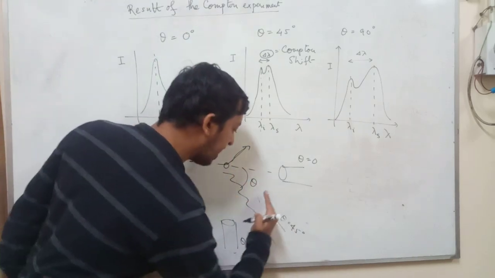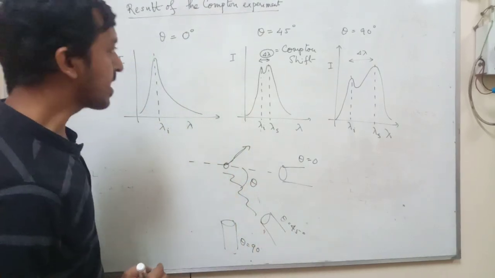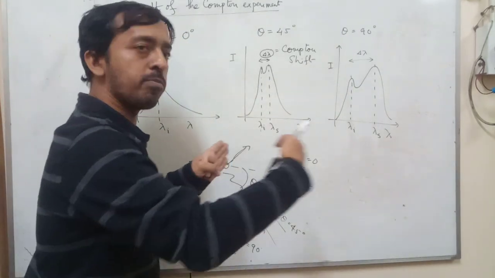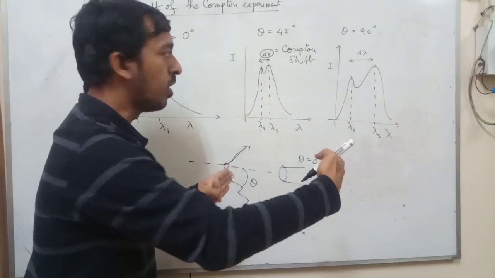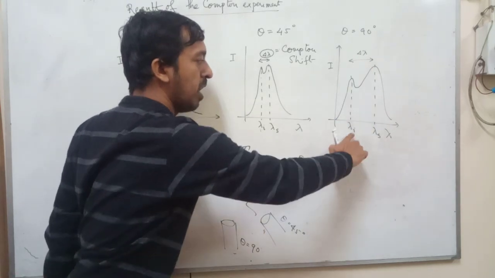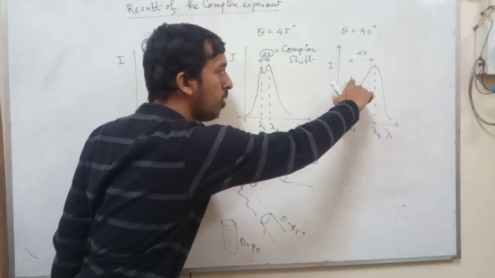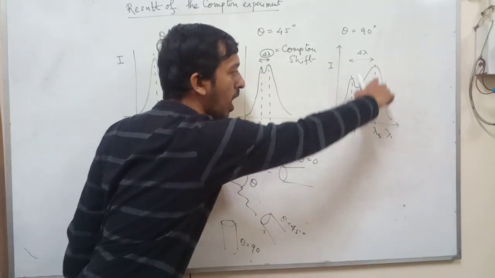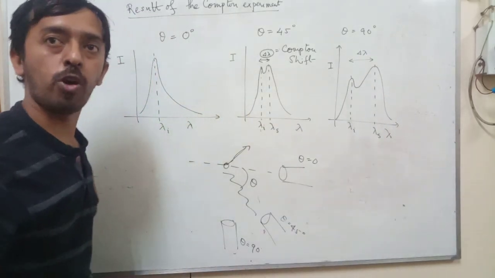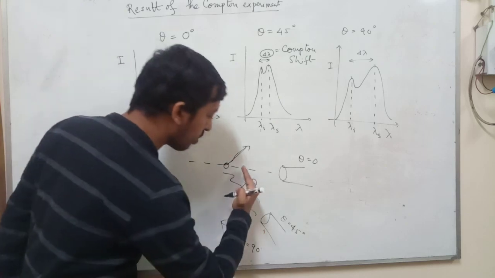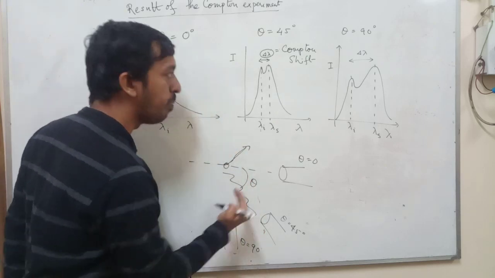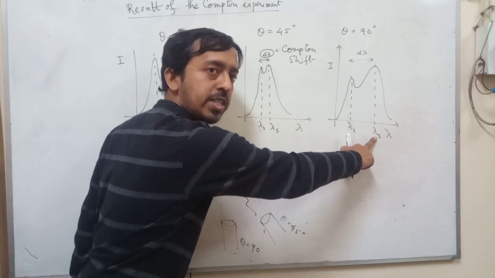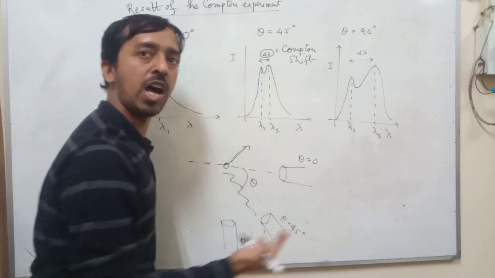As we go on increasing the scattering angle, when theta becomes 90 degrees, we see the peak becomes much more shifted. This is a wider shift. The one small peak is the incident photon wavelength, and the other, larger one is the scattered photon wavelength. So when the scattering angle is more, the shift in the photon's wavelength is much larger.